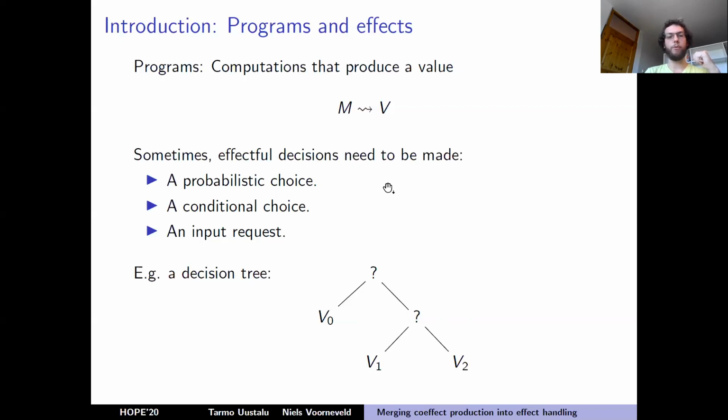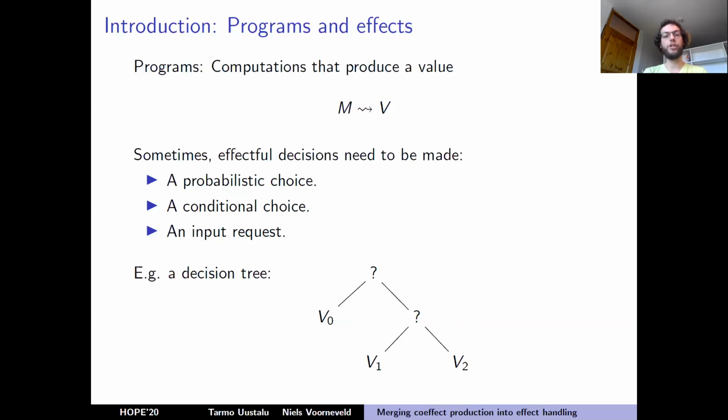So an example would be that certain choices are being made, and so the program requests some bit from somewhere. And according to different effects, the bits that they get might be resolved in different ways. For instance, we might have a probabilistic choice where we would get a random bit, so 50% chance for one bit and 50% chance for another bit.